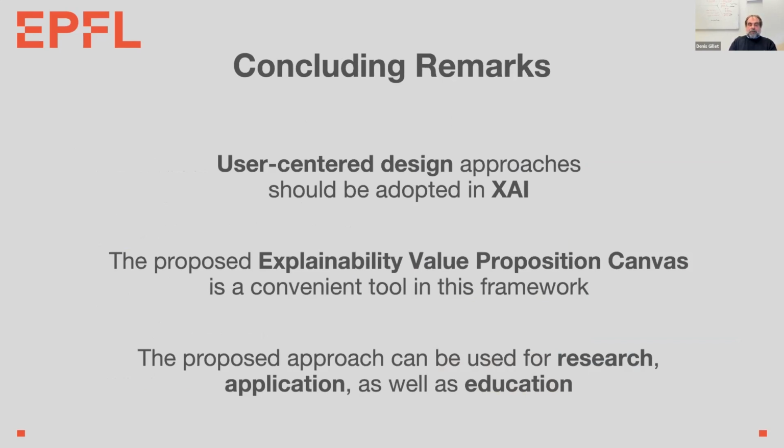And we have seen from our experience that this explainability value proposition canvas is a good tool to help you with the design of the solution, which is useful for research, but also for industrial application, as well as for education. Thank you.